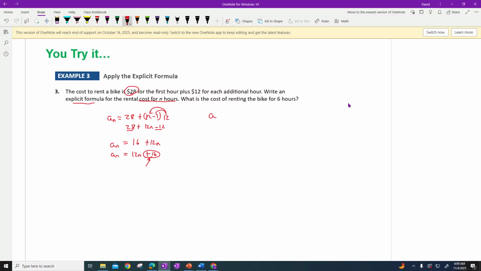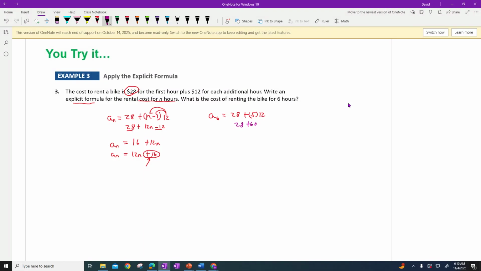They want to know for 6 hours, so let's use the one that you've been using. A sub 6 equals 28 plus the number I want minus 1, which is a 5, times my D is just 12. So let's do this. 5 times 12 is 60, and I got 28 plus 60, and that would be 88.